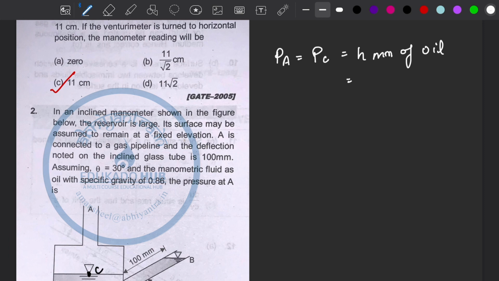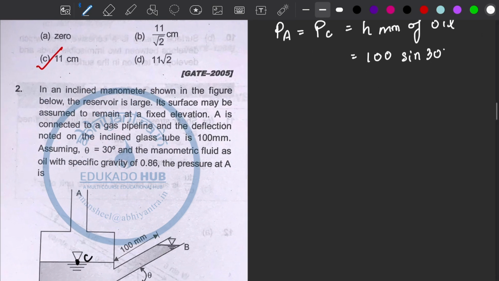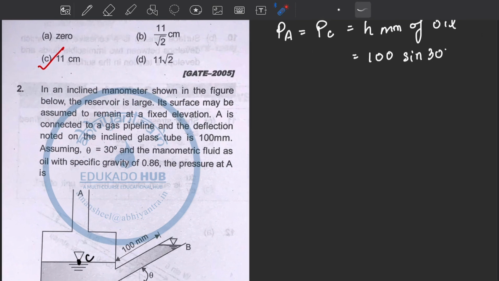And this is how much of the oil, that is 100 sin 30, because the vertical column will be at 30 degrees. So this is the vertical height, which comes out to 50 mm of oil.